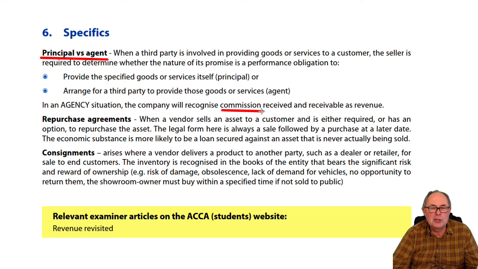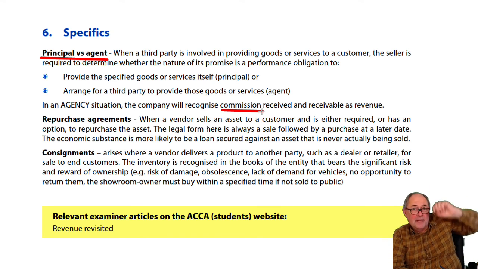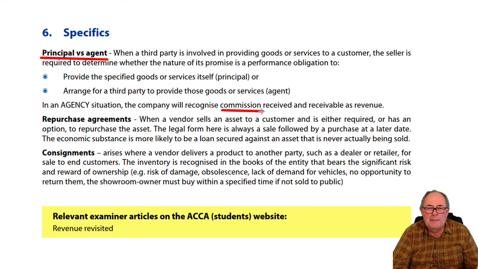The travel agent should not book all of the revenue. They should simply book their commission. So we have to be careful and just distinguish, is it a principal or an agent? It's very common sense, but many companies might wickedly pretend to be principal instead of agent so that they make their revenue look bigger. Because often at a business meeting, people would say, what is your revenue? And if it sounds enormous, then of course it sounds like you're dealing with a big company.